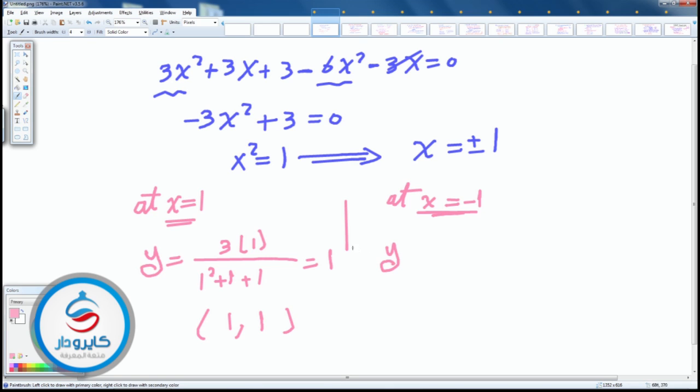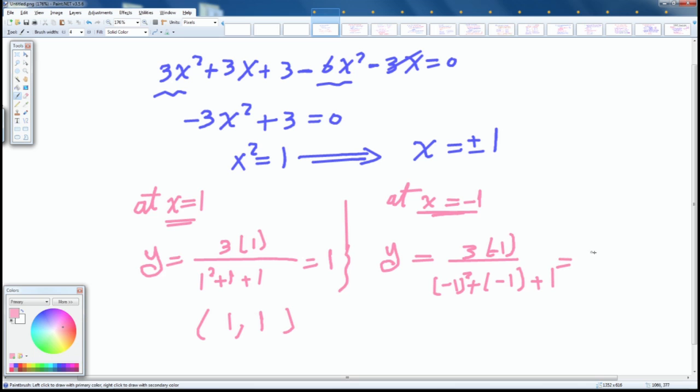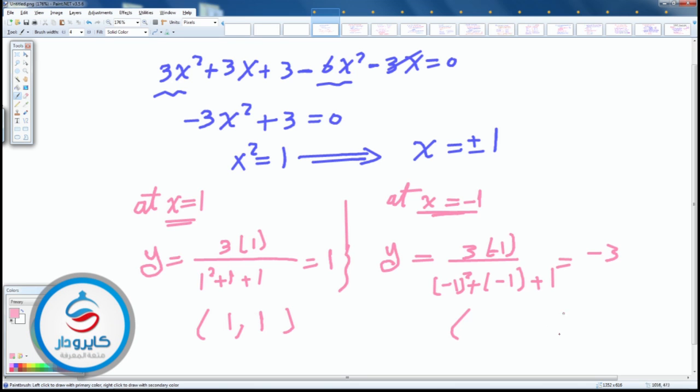Also, we get y equals 3 times negative 1 over negative 1 squared plus negative 1 plus 1, which is negative 3. Then the second point is (negative 1, negative 3). These are the 2 points: first is (1, 1), second is (negative 1, negative 3).